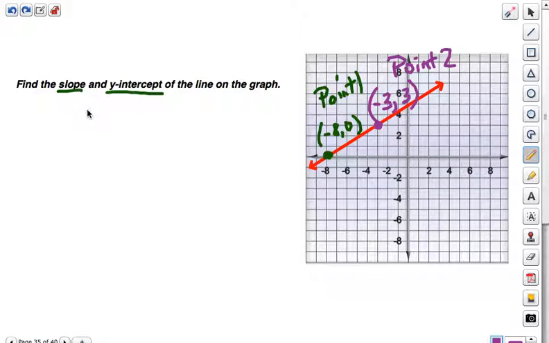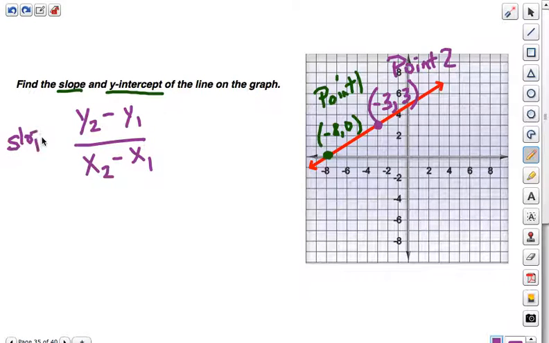So remember, the change in y over the change in x is how we find the slope. The slope equals the change in y over the change in x. So our y coordinate for point 2 is 3.